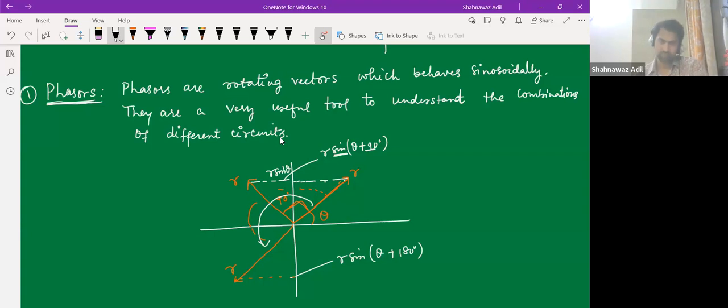Phasors are rotating vectors which behave sinusoidally, so they are sine functions. Sinusoidally meaning sine function.